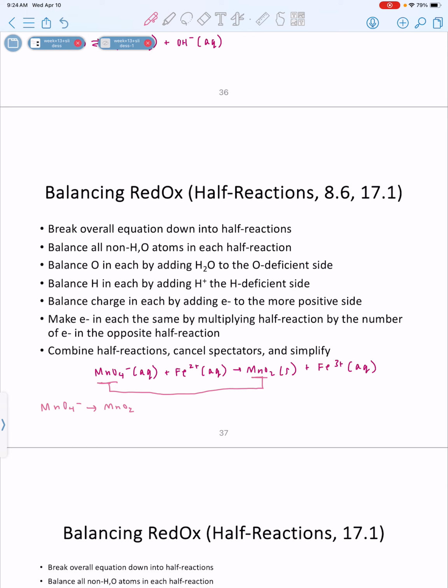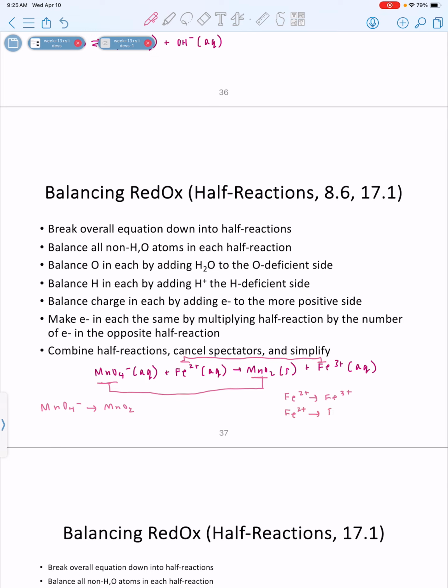Now the nice part about this particular problem is I can balance this part right off the bat. Okay. I can see that my iron is being oxidized, becoming iron plus 3. So the manganese must be the thing that's taking up electrons. We've got to figure out how that works.